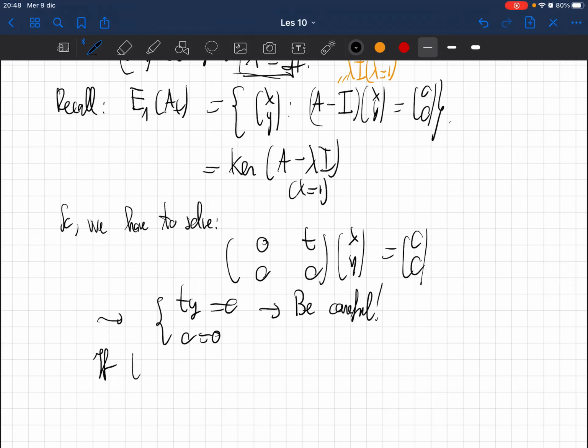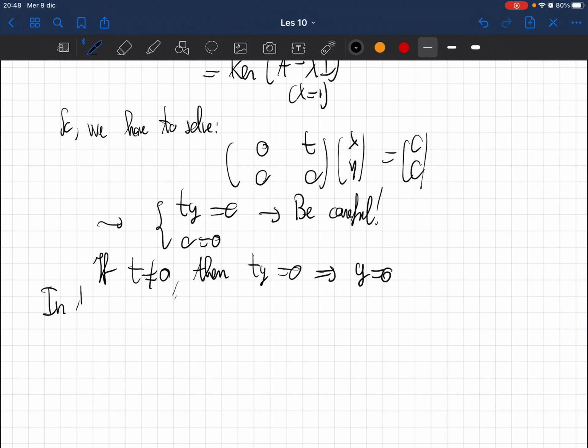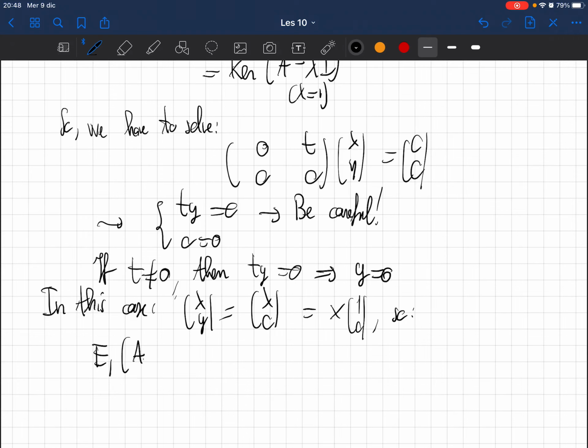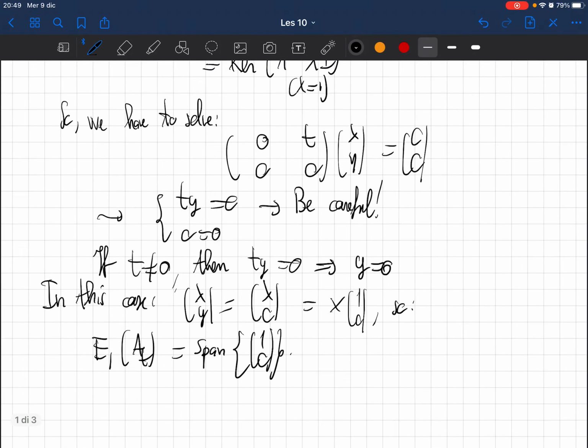If t is different from 0, then ty equal to 0 implies y equal to 0. In this case, the general solution x, y is x, 0, so x times (1, 0). So E1 of A_t is the span of (1, 0).